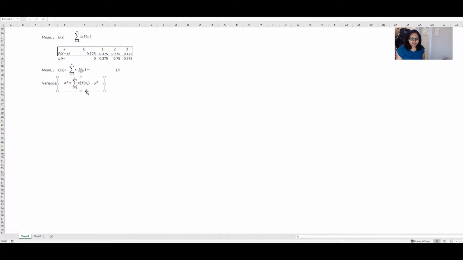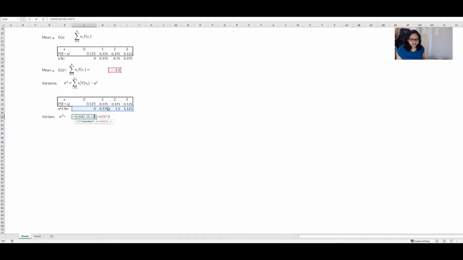But after getting the sum, you also need to subtract the mean squared. So that's what I try to show you here. Every time I square the random variable value and multiply by its associated probability, and then sum all of these values.